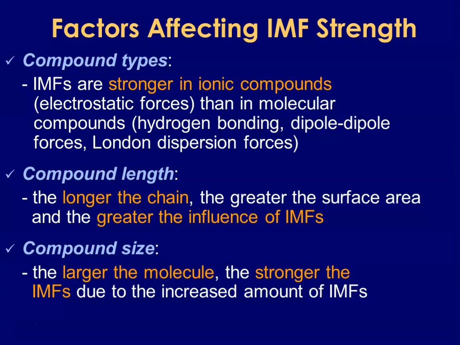The length of the compound will also play a role. If you have a longer chain making up part of your compound, you have more places where those intermolecular forces can form due to the greater surface area. And if you have more of those intermolecular forces, that can have a greater impact than maybe one single place where dipole-dipole forces could occur.